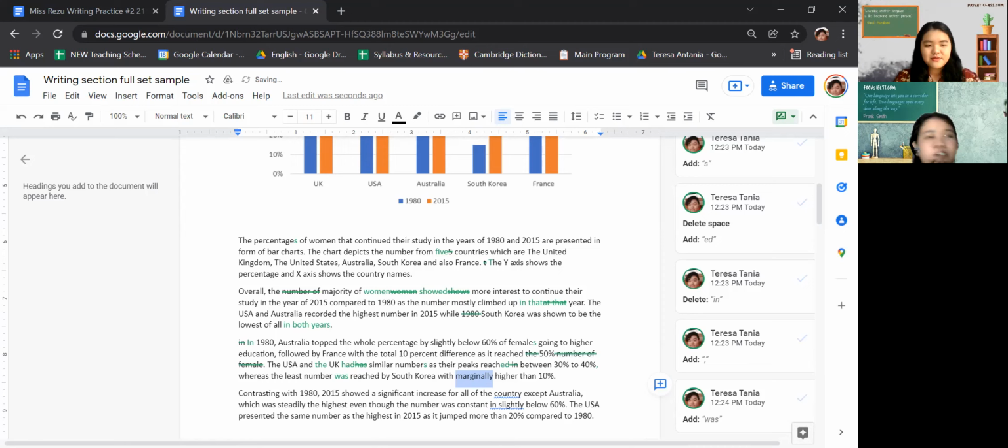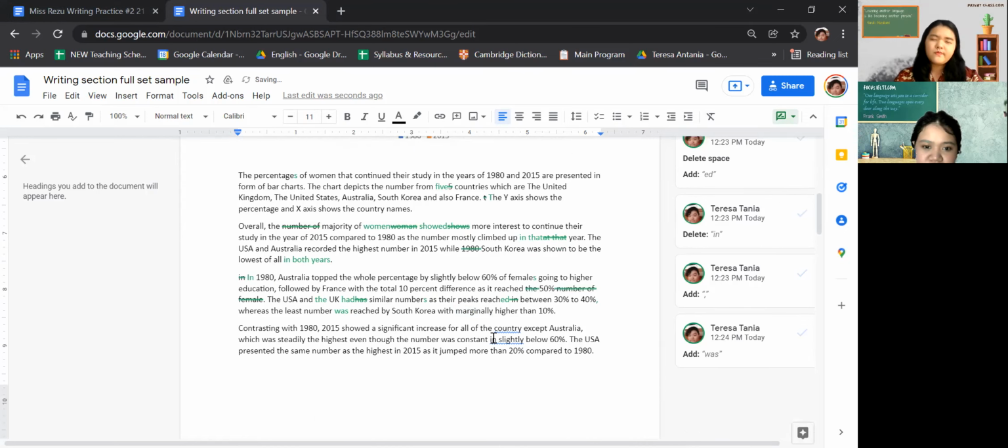Really? I just saw that it's one of the examples. "Marginally, it's more higher than the." I think it can work out here, so I'll leave it like that.